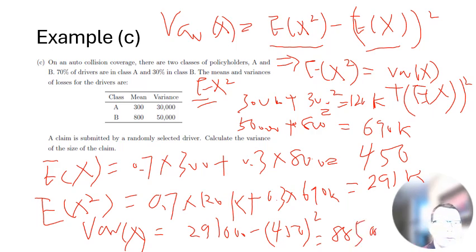What we need to know here is that to calculate variance, we do not use the weighted average of variances. The variance of a mixture distribution does not have the property of a weighted average of each variance. So we should use this formula to calculate the variance for the mixture distribution.